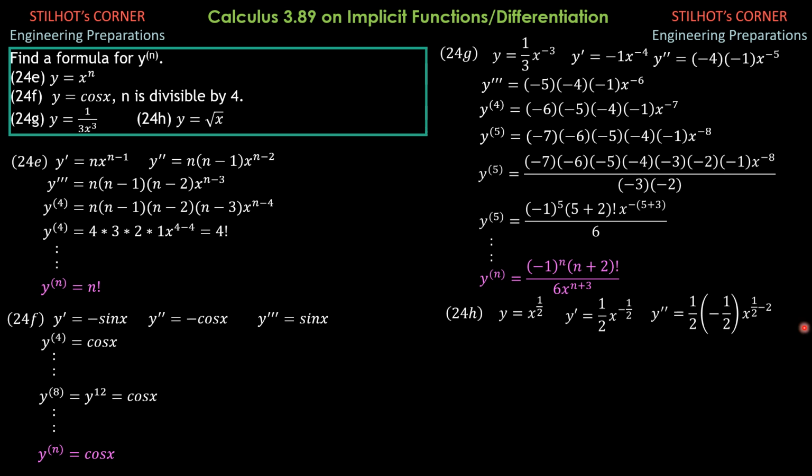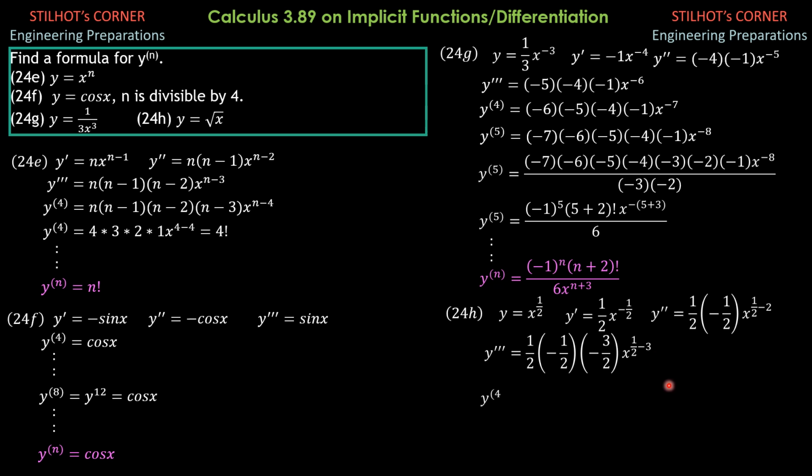Let's just generalize it that way. This is supposedly x to the 1/2 minus 1, which is negative 1/2. Anyway, y triple prime is 1/2 times negative 1/2, and remember this is negative 3/2. So 1/2 times negative 1/2 times negative 3/2 x to the 1/2 minus 3, or x to the negative 5/2 supposedly.